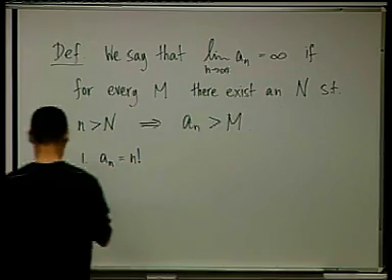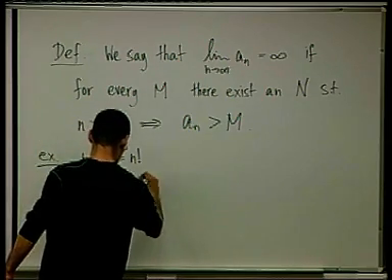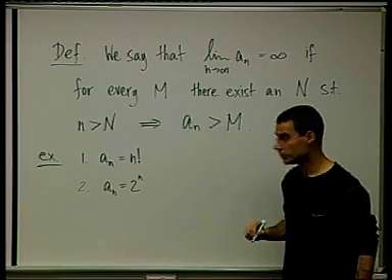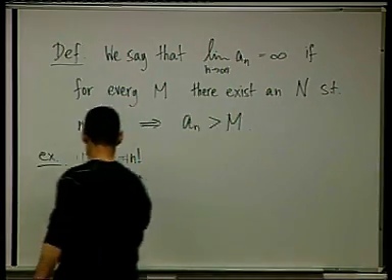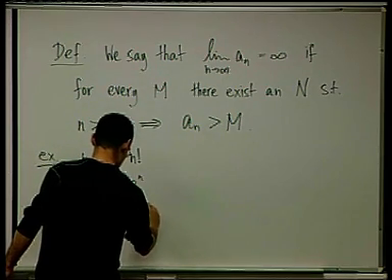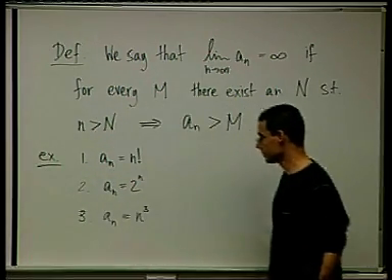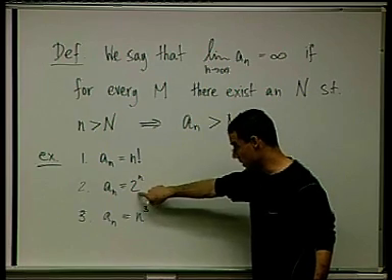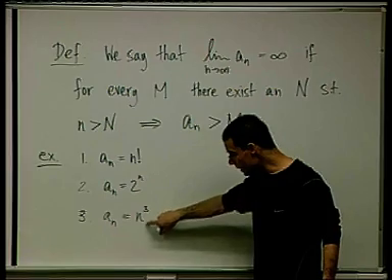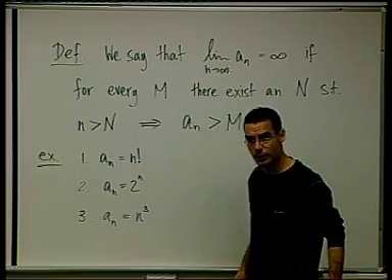I'm happy. Another example, a_n equals 2 to the n. True? Another example, a_n equals n to the power 3. So all these exponential ones, and all these polynomial ones when this is positive, they're all good?